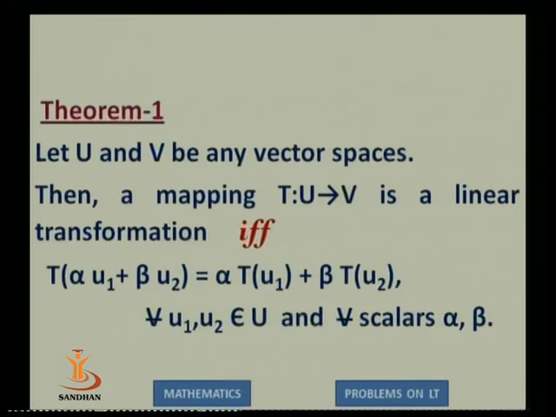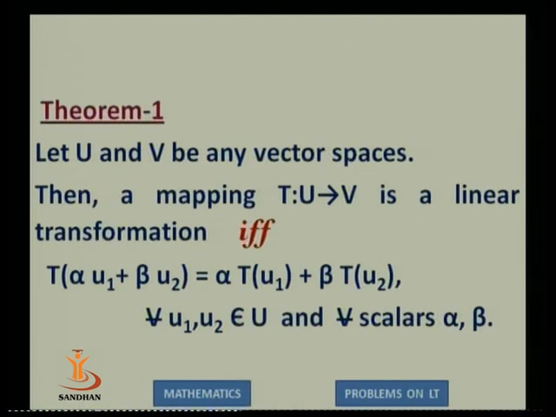Now we recall some theorems to move further to see more problems on linear transformations. First theorem: let U and V be any vector spaces, then a mapping T from U to V is a linear transformation if and only if T of (alpha u1 plus beta u2) is equal to alpha times T of u1 plus beta times T of u2 for every u1, u2 belonging to U and for every scalar alpha, beta.